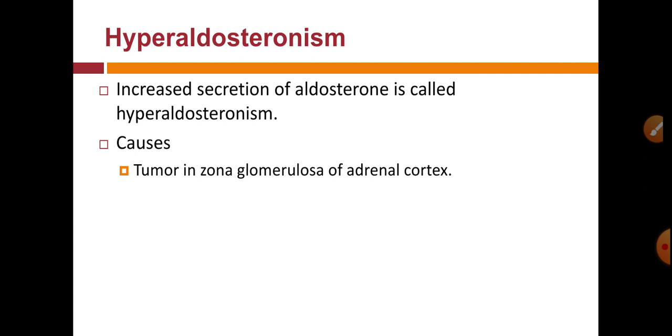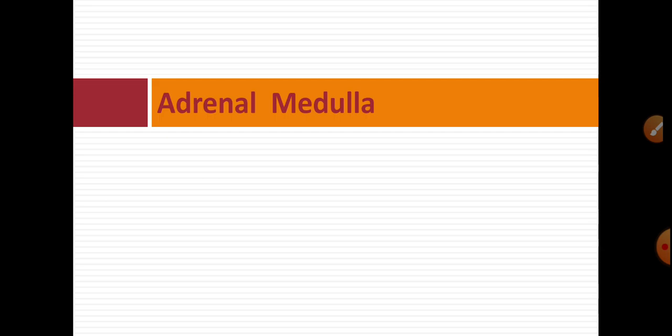So when there is a tumor in the zona glomerulosa, there is an increased secretion of mineralocorticoids and aldosterone, because aldosterone is a mineralocorticoid. So we have completed the adrenal cortex with its applied physiology.